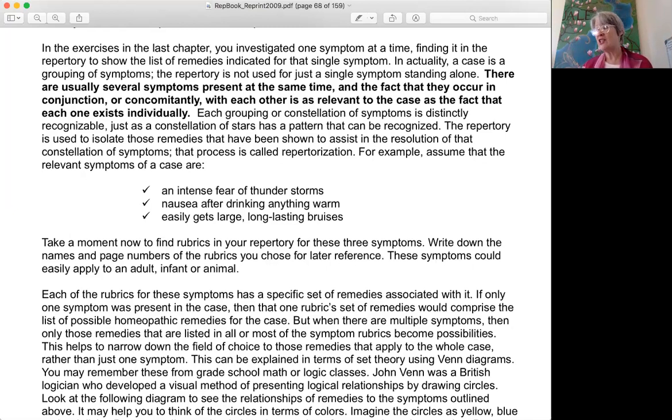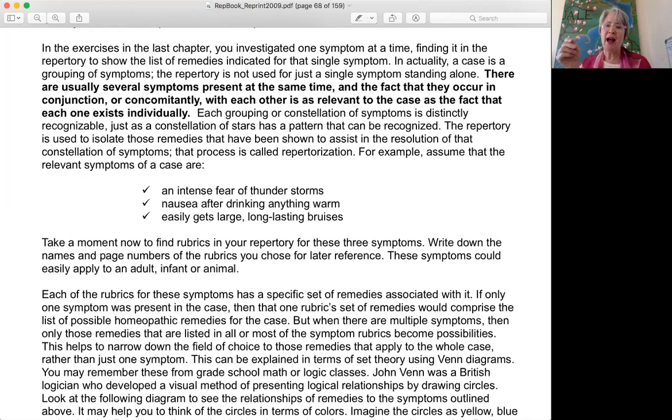Did you guys have a chance to look through the head section and how under head pain, there's all these different sensations, and then there's all the different locations and all the details associated with each of those? No questions on that? Okay, then we're just going to dive right in.